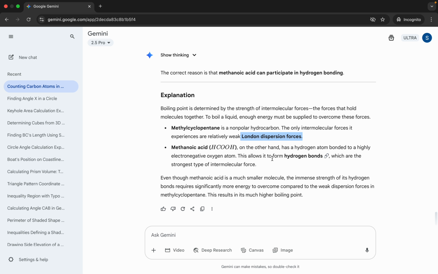This allows it to form hydrogen bonds, which are the strongest type of intermolecular force. Even though methanoic acid is a much smaller molecule, the immense strength of its hydrogen bonds requires significantly more energy to overcome compared to the weak dispersion forces in methylcyclopentane. This results in its much higher boiling point.